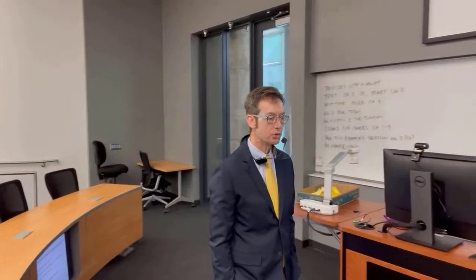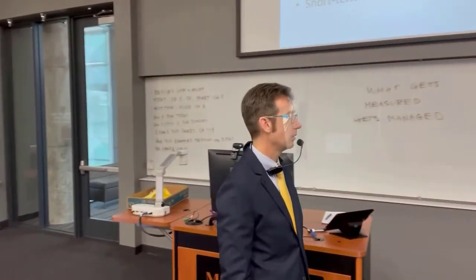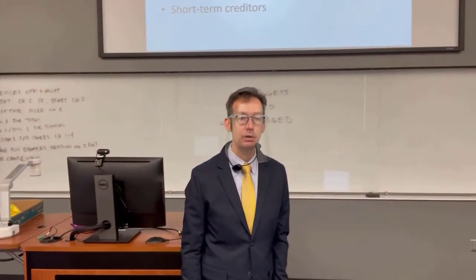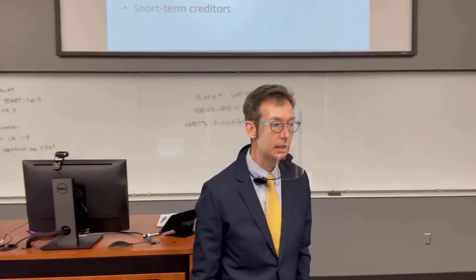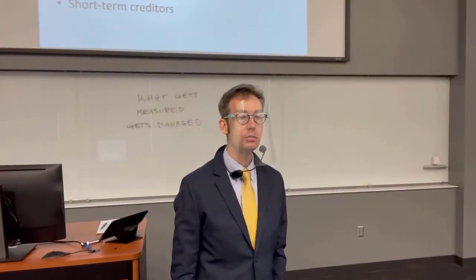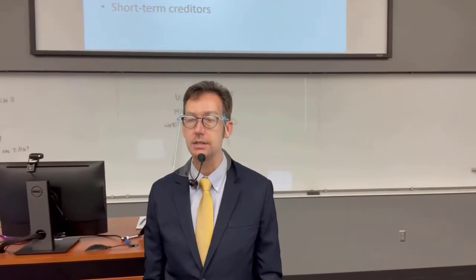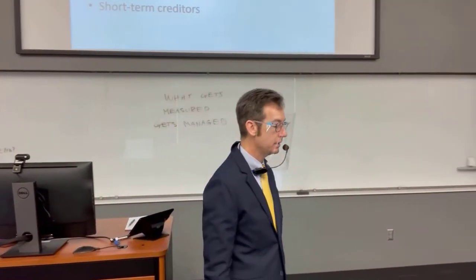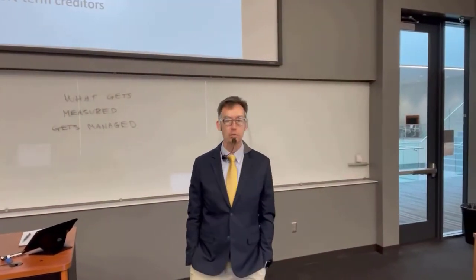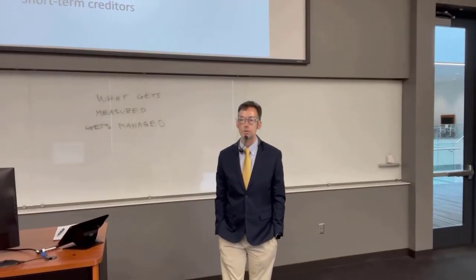Does that make sense? And then other short-term creditors, banks that are going to loan you money to go out and buy some inventory. Anyone basically that's loaning you money on a less than 1 year basis is definitely going to be interested in these short-term solvency or liquidity measures. Any questions?